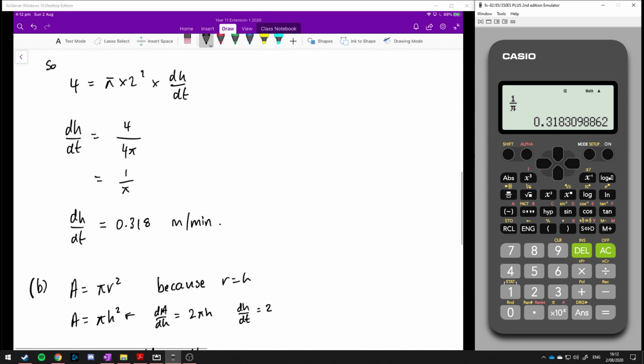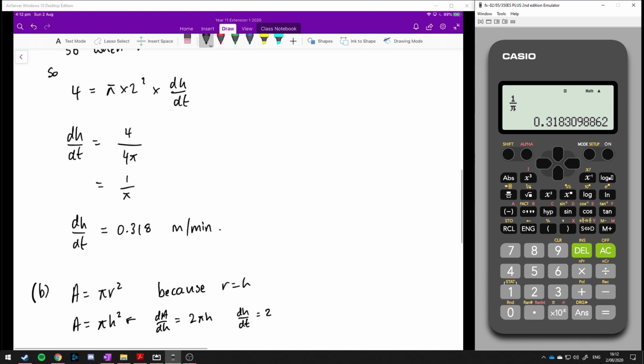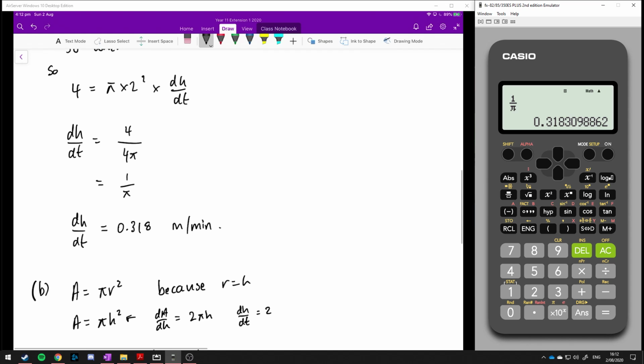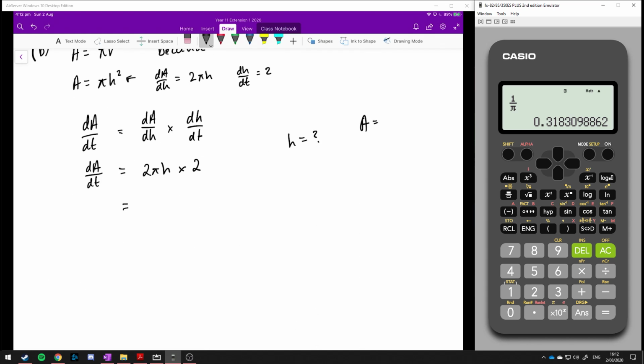So dh/dt was equal to 0.318, or also 1 over pi. So our dh/dt is equal to 1 over pi, and that's from question A. So it's 2 pi times 1 on pi times 2.